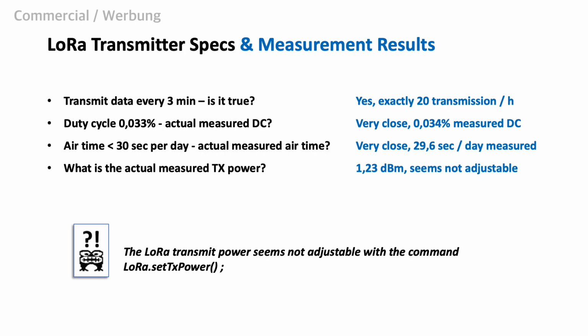I mentioned earlier that I struggled a lot to adjust the transmit power to any other value. However, there was no change at all. Maybe somebody has an idea how to achieve this with my boards. Please let me know in that case.